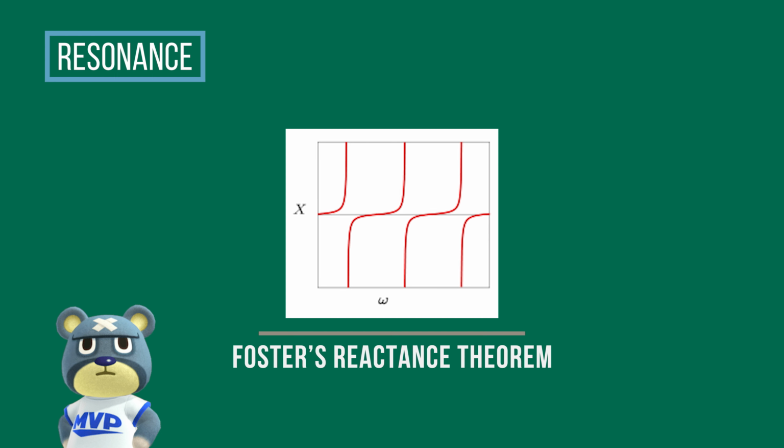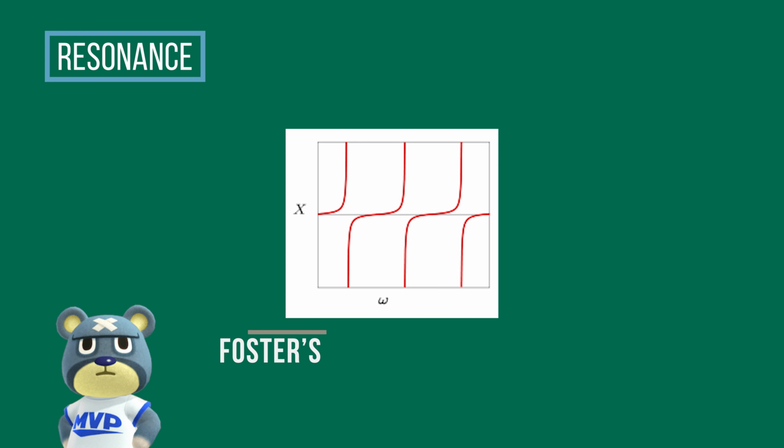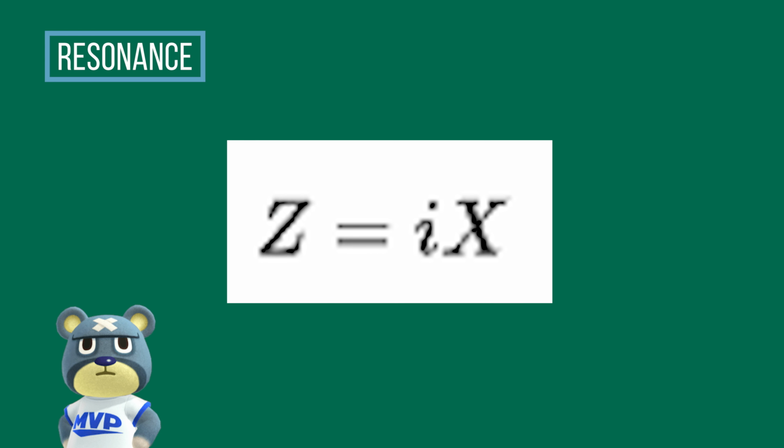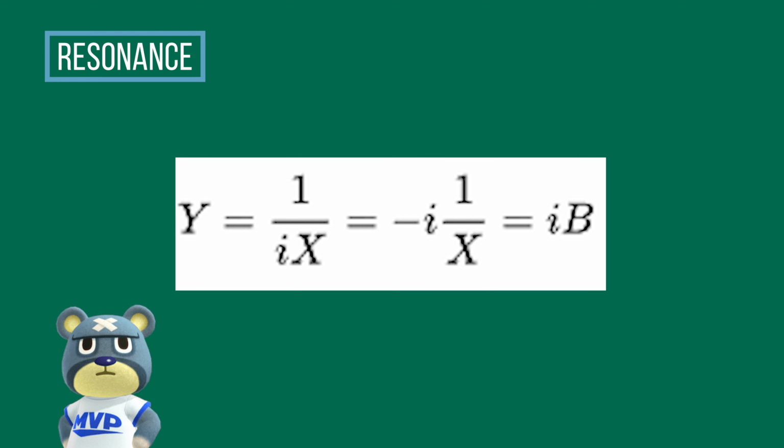Then the admittance is given by this equation, where B is the susceptance. If X is monotonically increasing with frequency, then 1 over X must be monotonically decreasing. Minus 1 over X must consequently be monotonically increasing, and hence it is proved that B is increasing also.